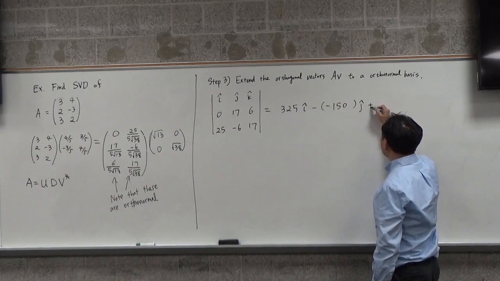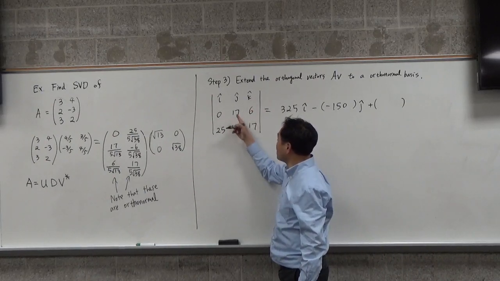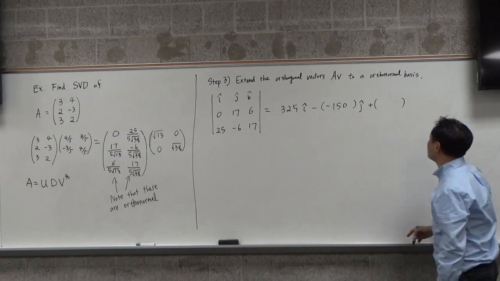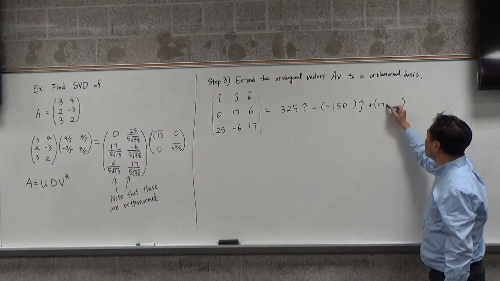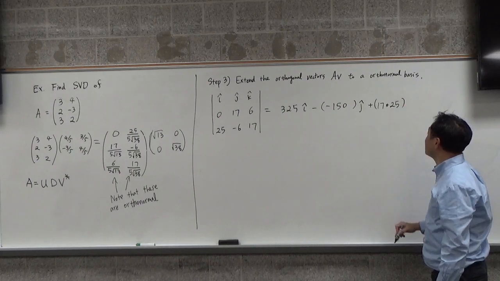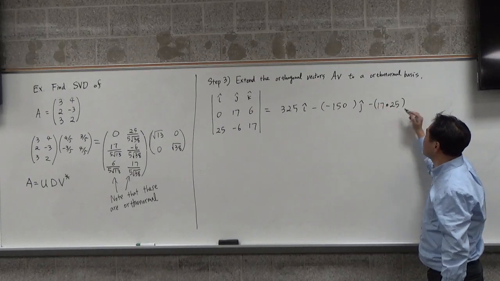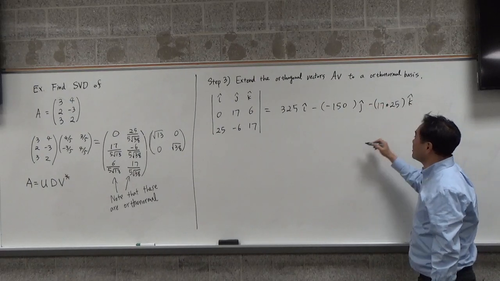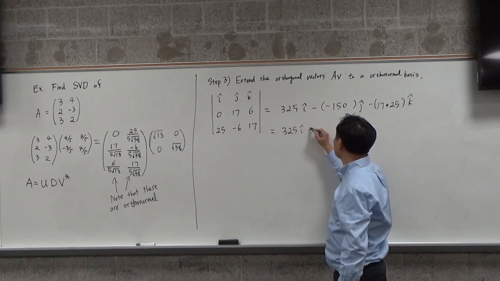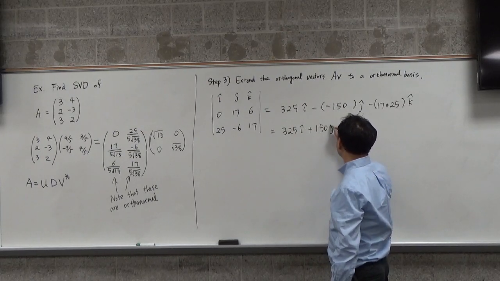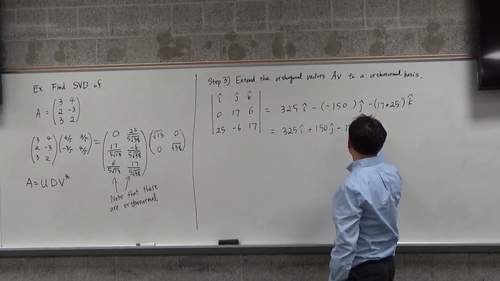Okay, then finally, plus k. If you choose k, this is this times this minus this times this. So you have 17 times 25, oh, with the minus. All right, so what's that? 325i plus 150j minus 17 times 25, 425.